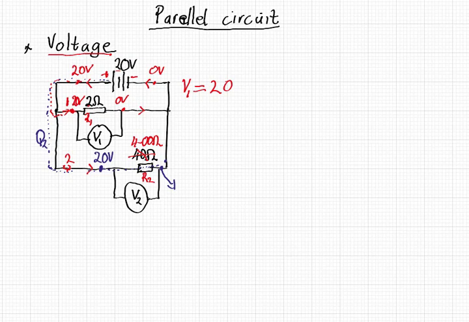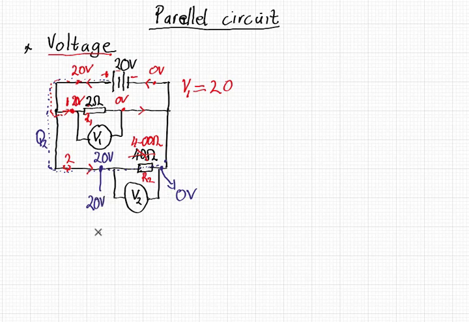I don't know what's wrong with this. Oh, it was on eraser. That's okay. So after this resistor, it definitely has to be 0 volts, but just before it was 20 volts.